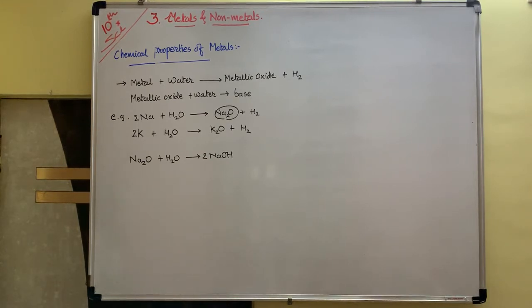Now, calcium when it reacts with water forms calcium hydroxide and hydrogen gas is released. In the same manner, aluminium, iron, zinc do not react with either cold or hot water, but they react with steam and form metal oxide and hydrogen.